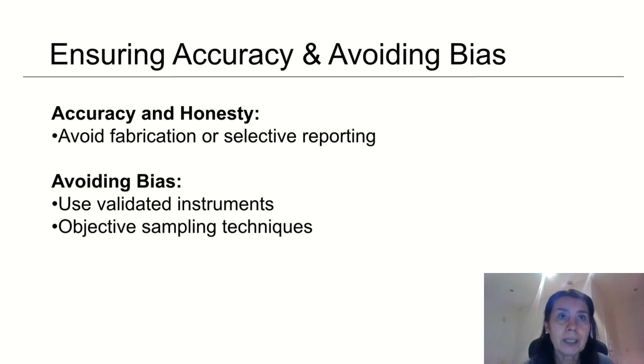Also, an important point that I would like to stress is selective reporting. So let's assume you have collected your data, you have your hypothesis, and your results really don't go anywhere. You cannot show any correlations, any of your hypotheses, and then you are wondering, should I report this or not?